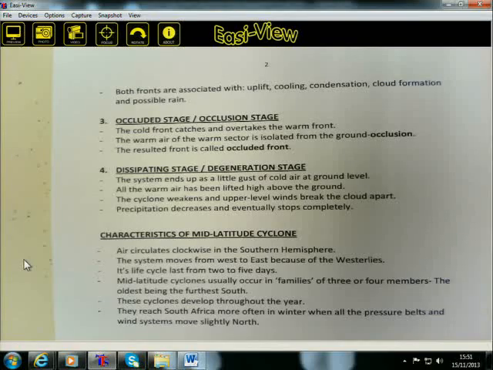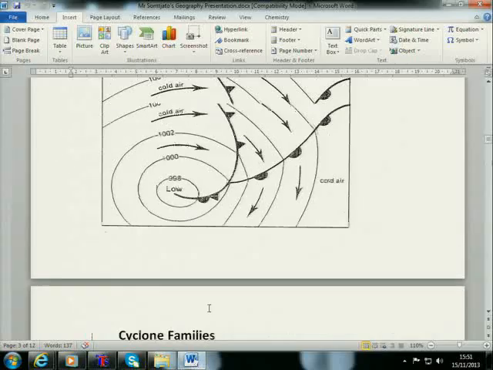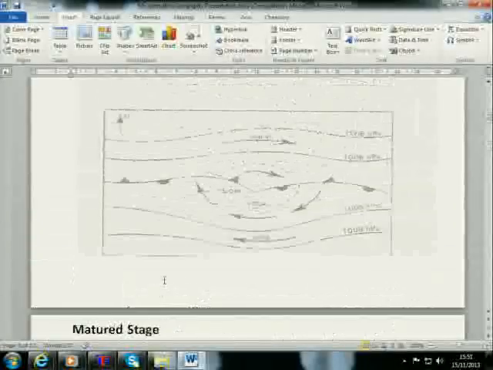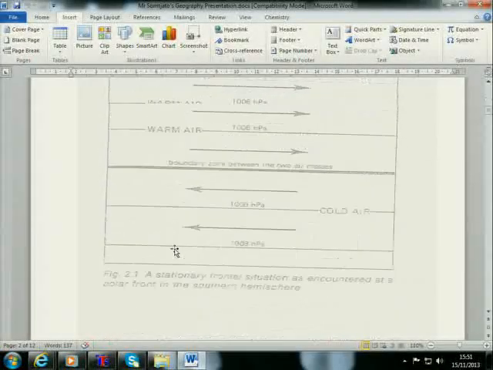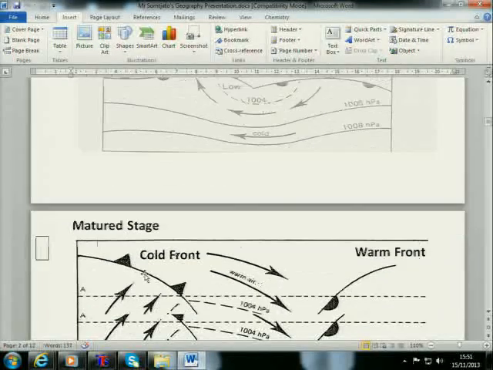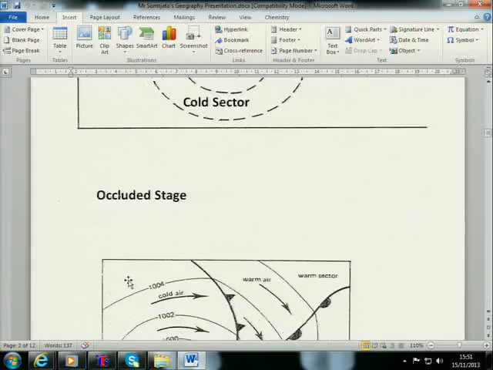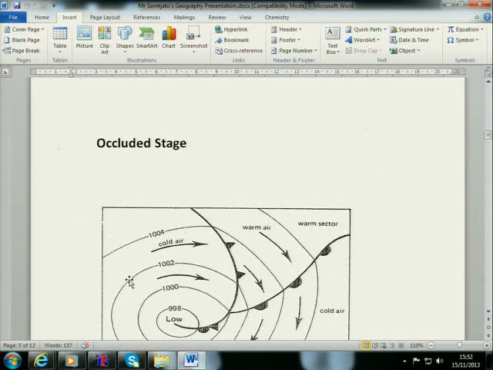The first one is the initial stage, as we have seen in the diagram. The second one is the mature stage. The third one is the occluded stage, and then the dissipating stage.